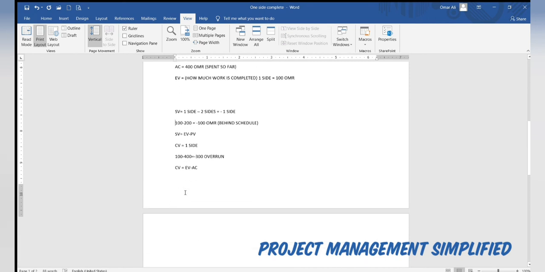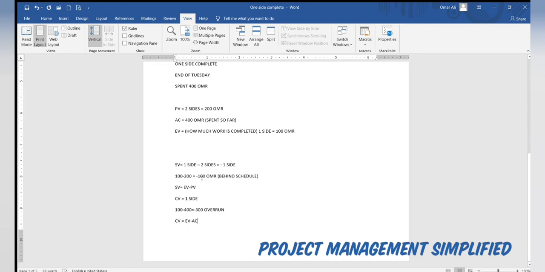And the cost variance, we have here the cost variance. How much have we spent? We have one side completed only. The cost variance is EV minus AC, which means baseline cost of work performed.